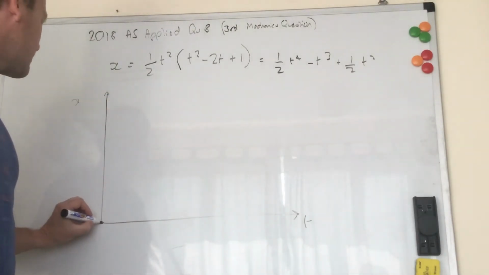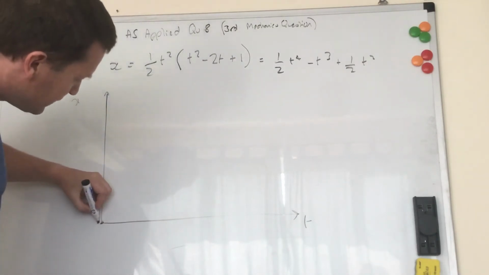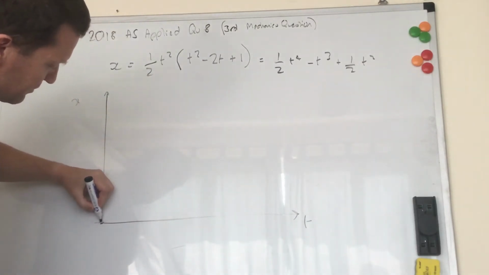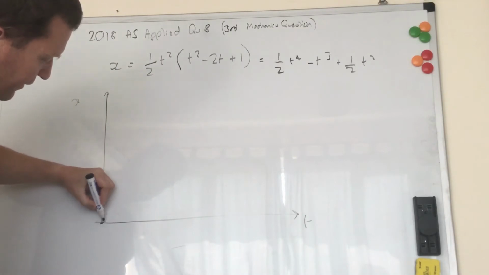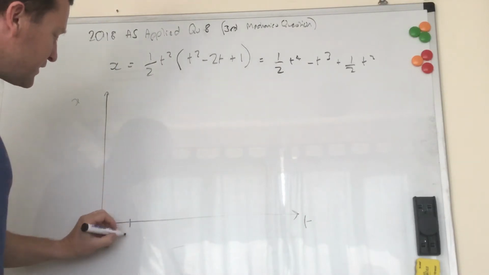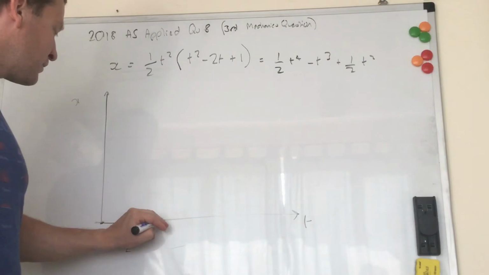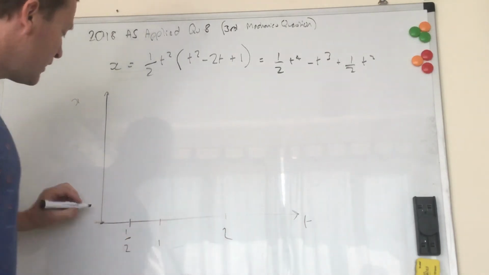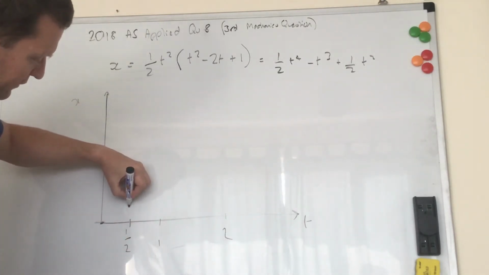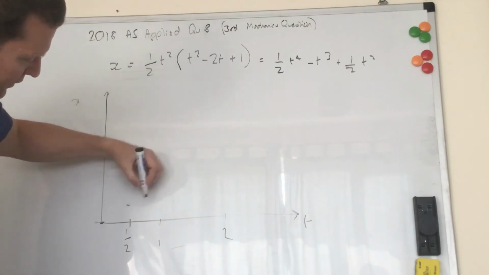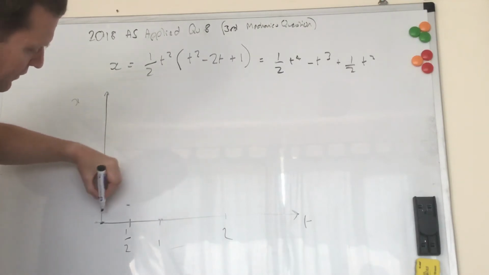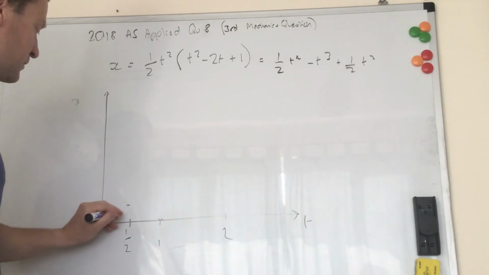So it's flat at t equals 0, so the gradient is 0 there. When I get to t equals a half, it's going to be flat again. When I get to 1, it's going to be flat again. So the graph's going to look like this.